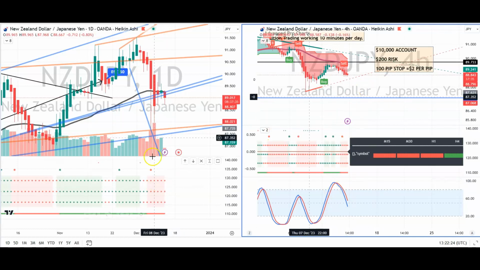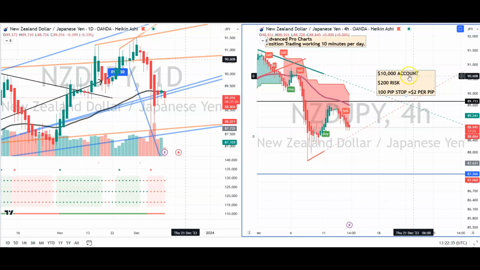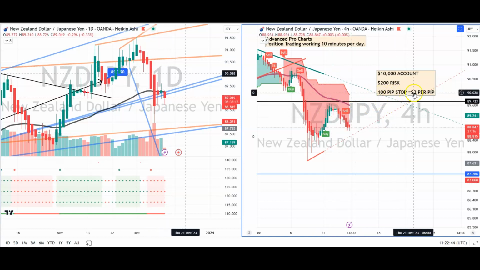A swing high on a downward parabolic trend is what you're looking for. The swing high is here and you get in around there, let's say. Now on your 10,000 account, you're going to risk $200. You're going to risk 100 pips, let's say, and that equals $2 per pip.